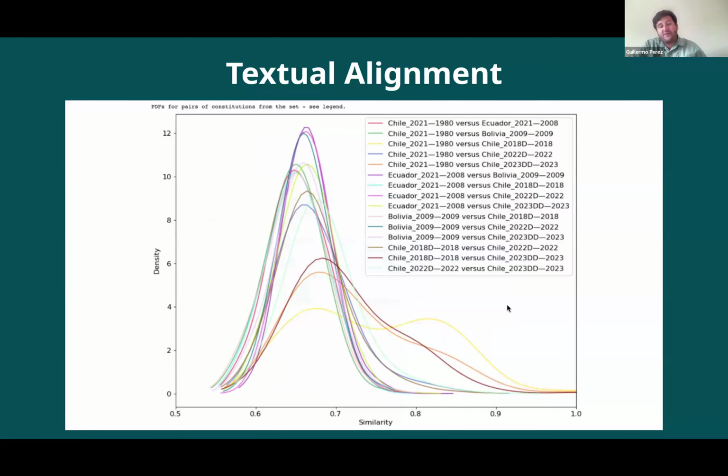Now, this figure shows the distribution of textual similarity between pairs of constitutions estimated by kernel density estimation. On the x-axis, we can see the similarity scores, and on the y-axis, we can see the density. A high peak means that many articles cluster around that similarity value. So what is really interesting are the two peaks in the curves, because the two peaks suggest a more conservative drafting strategy.